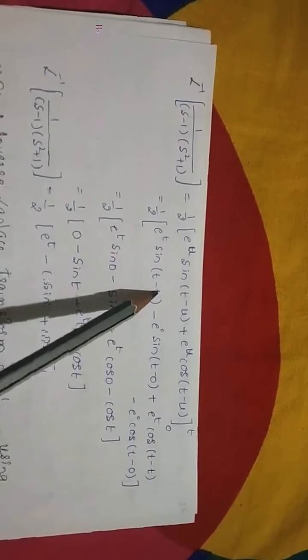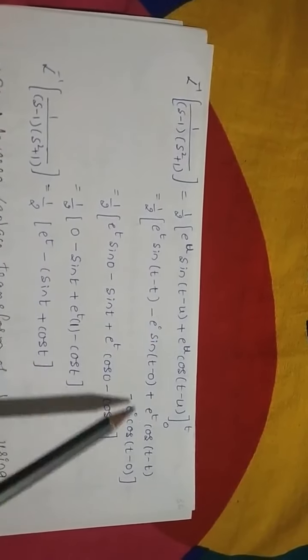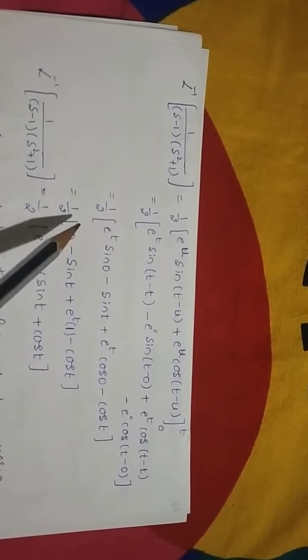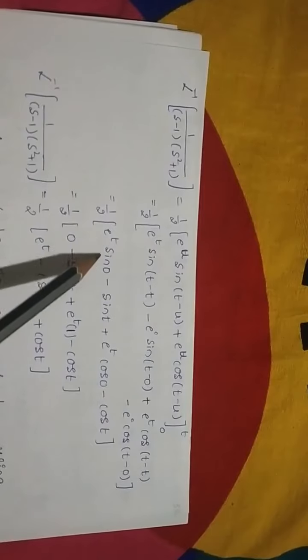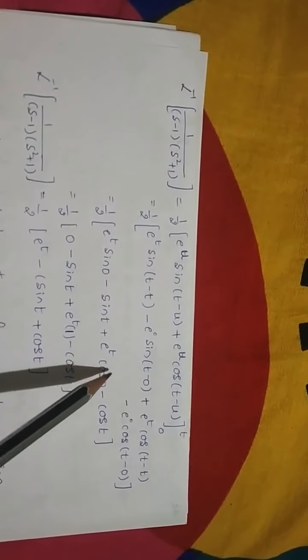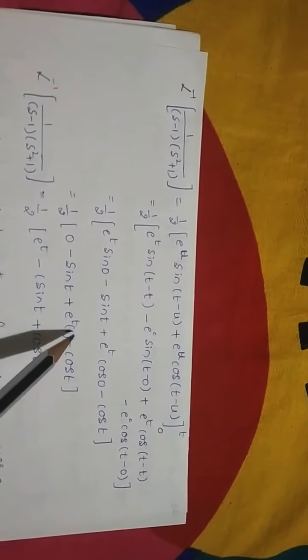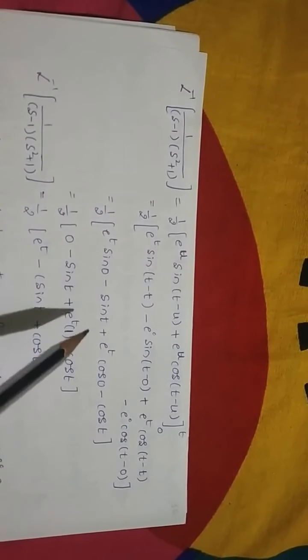Here we get sin 0, so e raised to t into sin 0 minus e raised to 0, which is 1, into sin t, plus e raised to t into cos 0 minus e raised to 0, which is 1, into cos t. The first term is 0 because sin 0 is 0, so we get minus sin t plus e raised to t into 1, since cos 0 is 1, minus cos t.